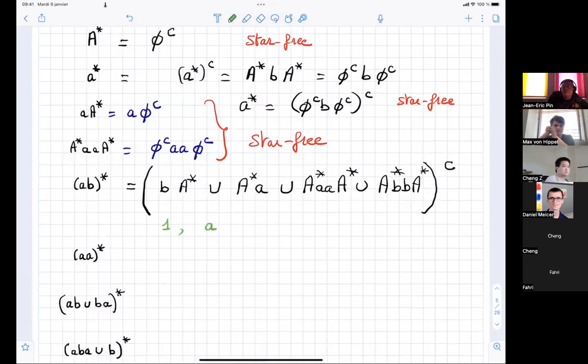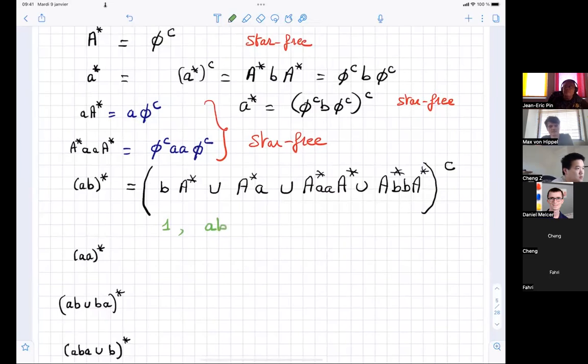What is the next letter? Well, because of this condition, I don't want to have two consecutive A's in my expression. So the next letter has to be a B. What is the next letter of such a word? Well, now I don't allow two consecutive B's. Therefore, the next letter is an A. The next letter is a B, and so on.